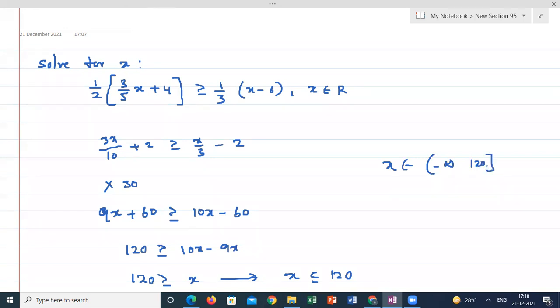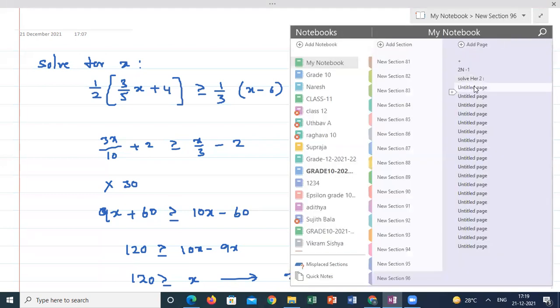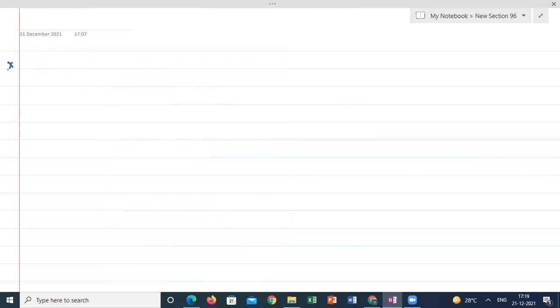So, one more last question related to this. In this question, try to show it on your number line. Carefully read the question and represent the solution set on the number line.